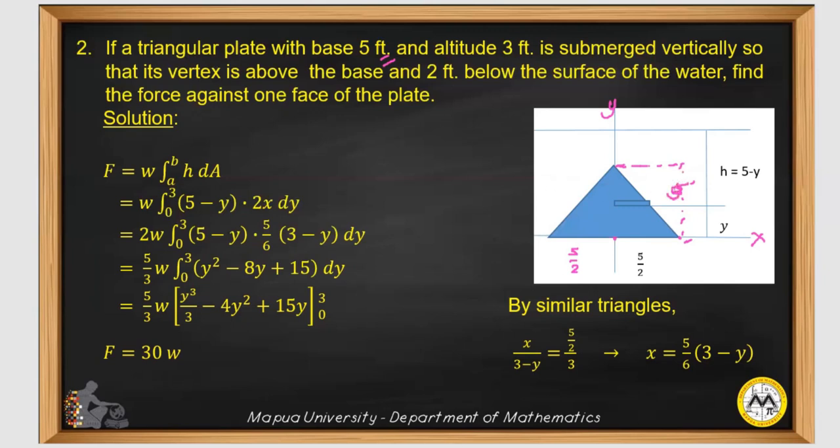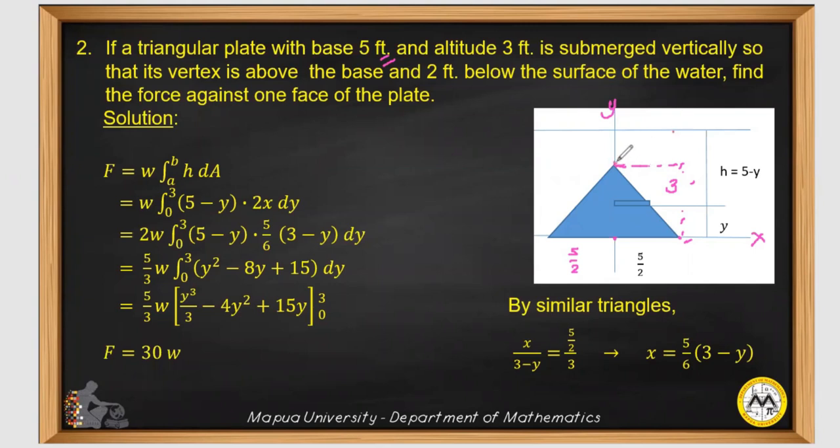Sorry. The altitude is 3 feet and the base is 5 feet. So this is 3 feet. And accordingly, this vertical plate submerged in the liquid is 2 feet below the surface of the water. So the vertex is 2 feet below the surface of the water.